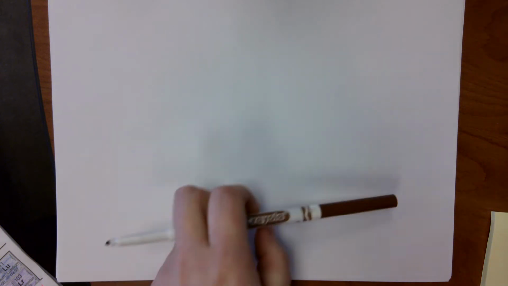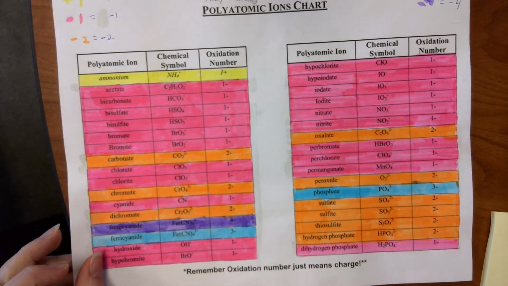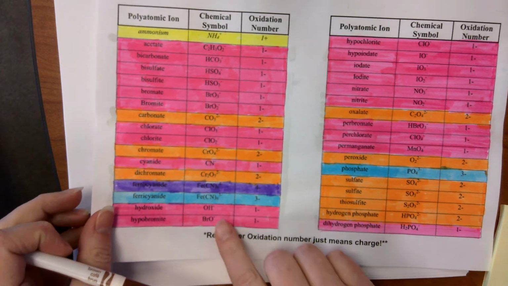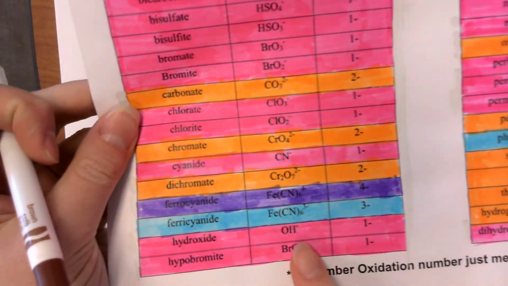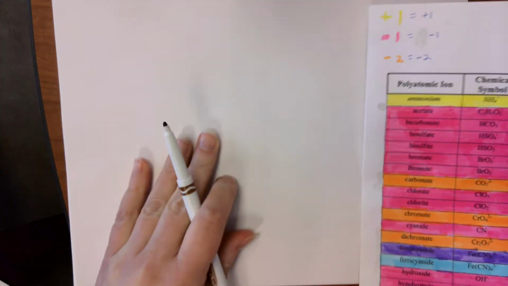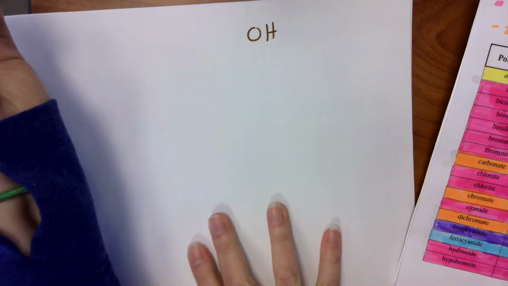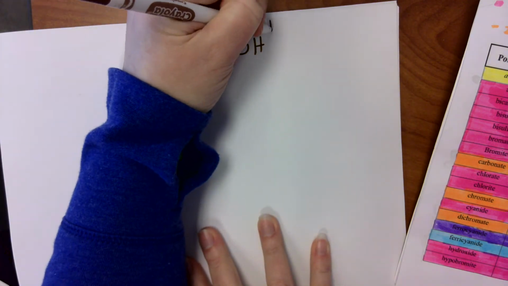Let's look at what happens if we have a polyatomic and we need multiple of it. For example, let's take a polyatomic that's a -1 this time. I'm going to choose this one down here called hydroxide, which is OH, and it has a -1 charge.